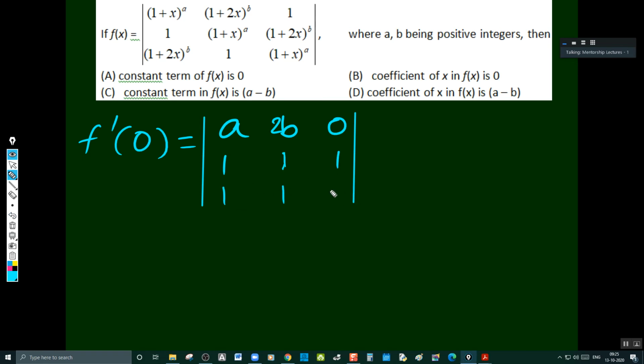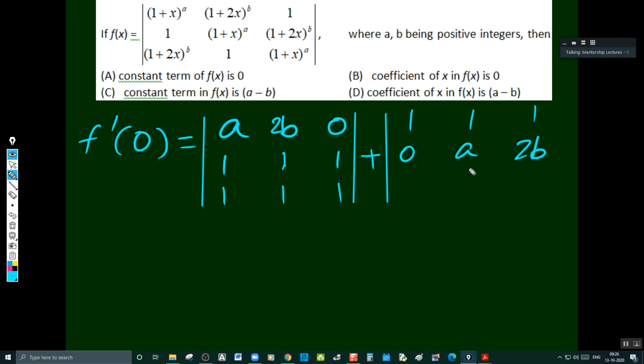A and B. Similarly, if you write the second one, I'll write that and leave it so that you will understand. This is A and this is 2B, and the rest obviously 1, 1, 1, and also 1, 1, 1.